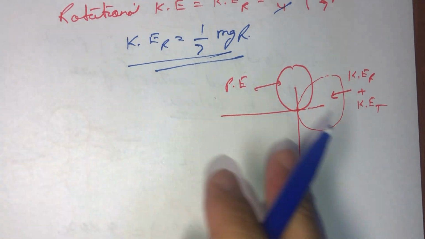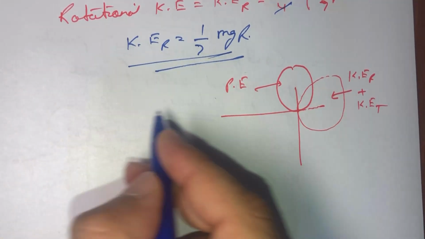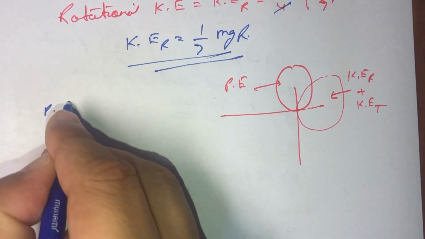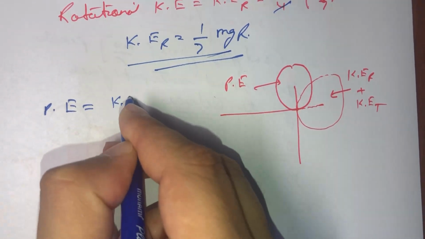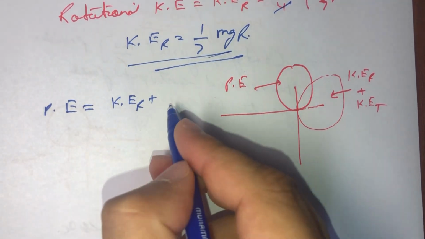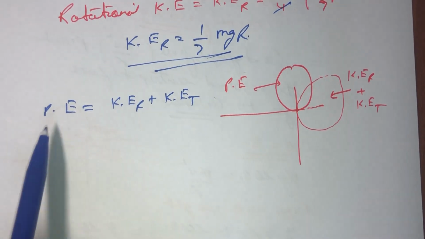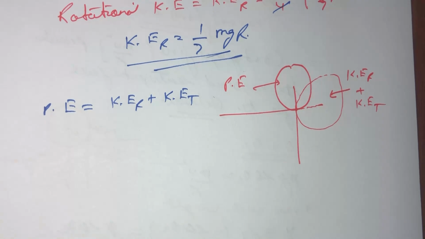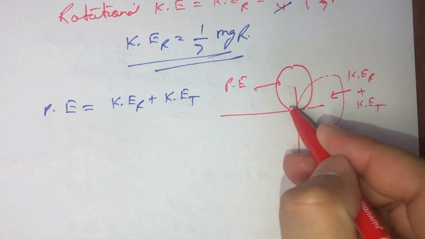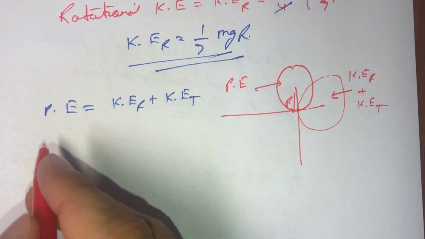So conservation of energy, which we have already used, the same formula: potential energy is equal to kinetic energy rotational plus kinetic energy translational. Rotational we already found out, potential energy we know, here it is R, so this will be mgr.